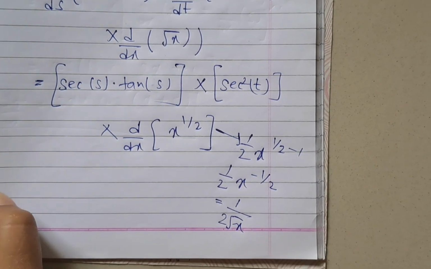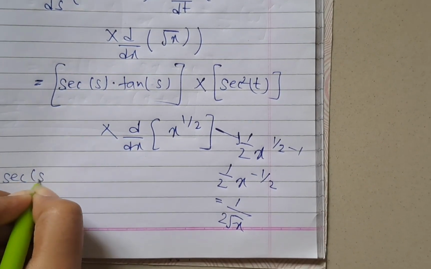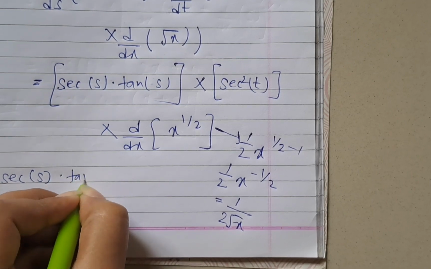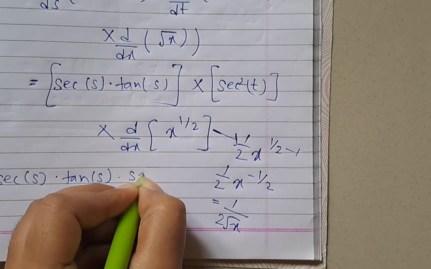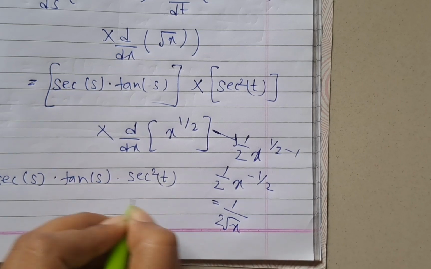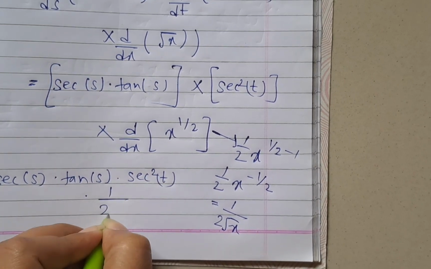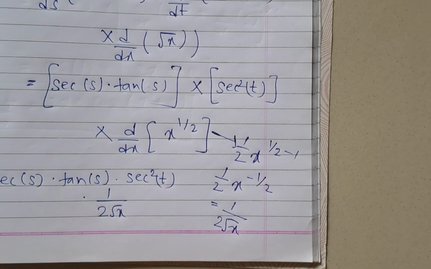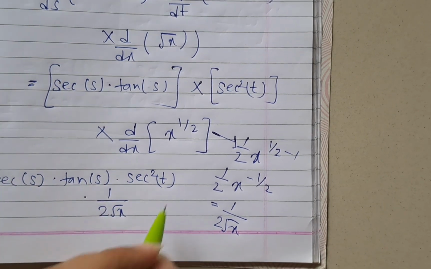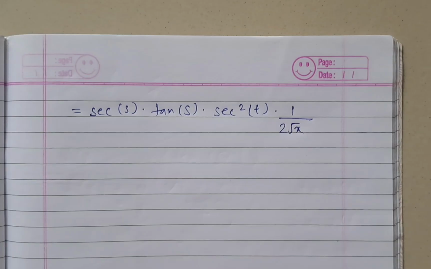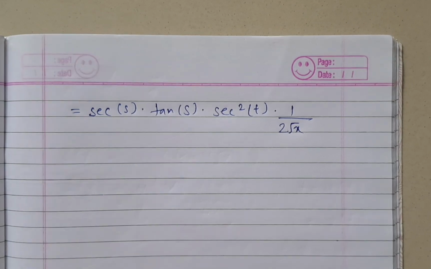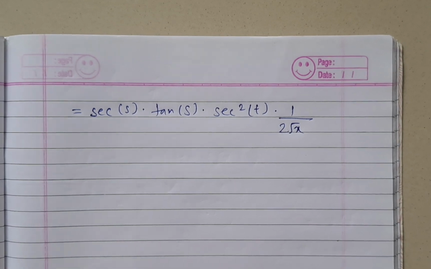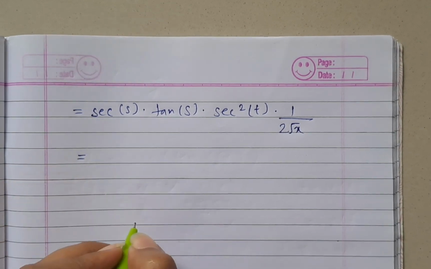So here if we write, this is sec of s into tan of s into sec square of t into 1 upon 2 root of x. So let's just simplify this term, all these terms. Let's just put all these s and t values. So हमारा term ऐसे था, and then we have s की values. So now let's just put all values. So here s we had was tan of root of x.